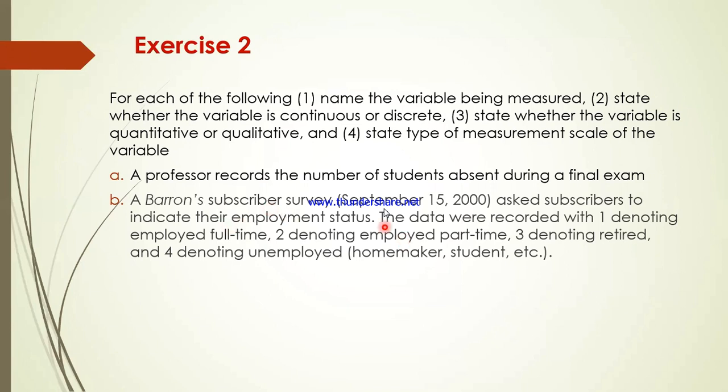Then according to that variable, whether it is continuous or discrete, put your answer in the chat box. Employment status is a variable, right? Put your answer whether it is a discrete variable or a continuous variable.